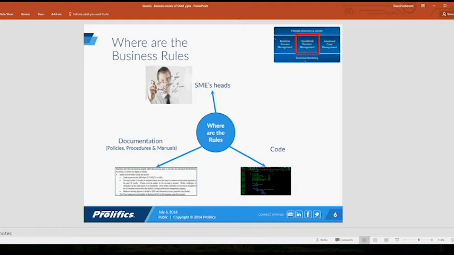Now, I'm not saying that involves some of the capabilities of today with a business rules engine, but certainly business logic can be done in a form that doesn't have to take advantage of a business rules engine.